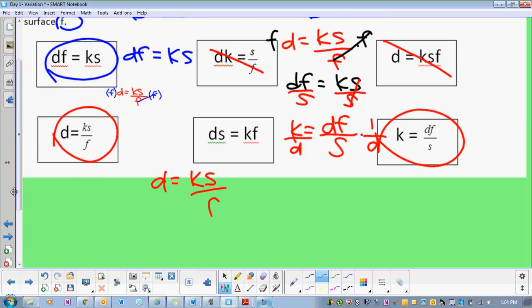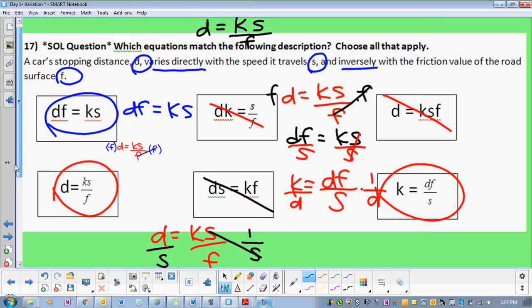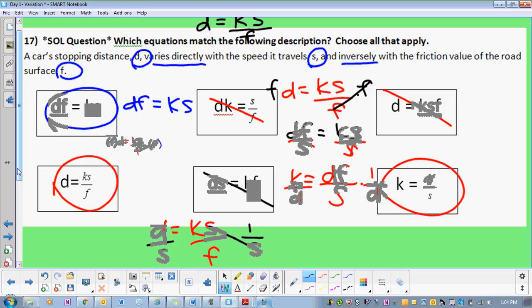D equals KS over S. Is there a way for me to get DS together? No, right? Okay? So, 3 answers for this one.